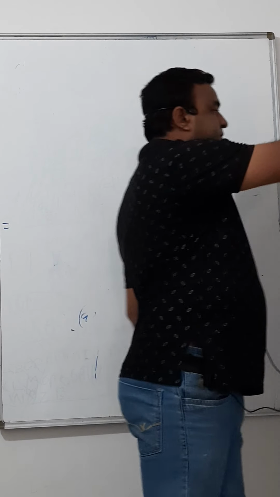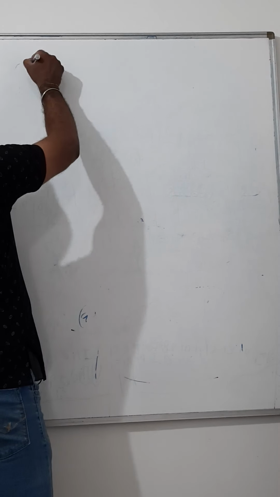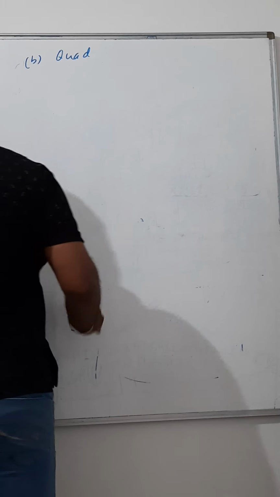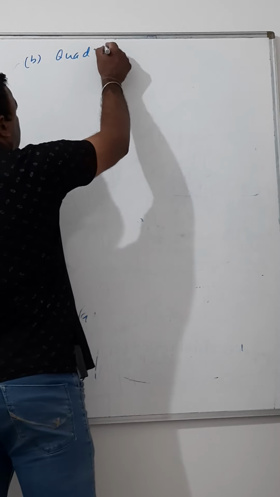Well, now I come to the next topic; that was the common identities. The second one is quadratic equations.